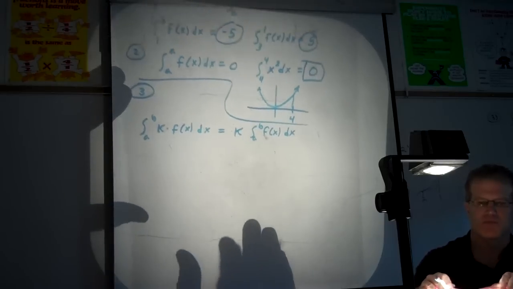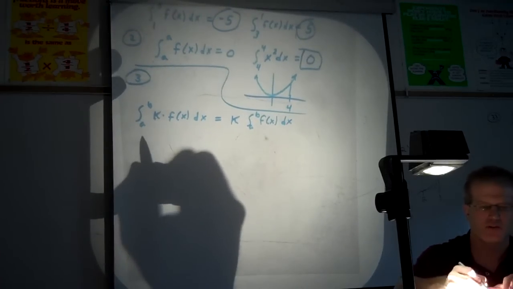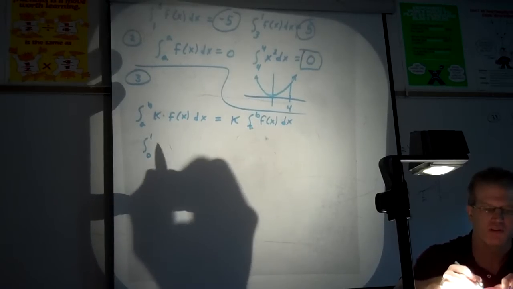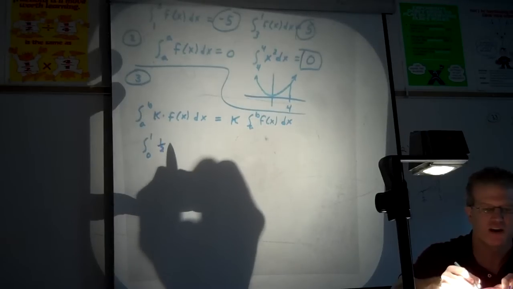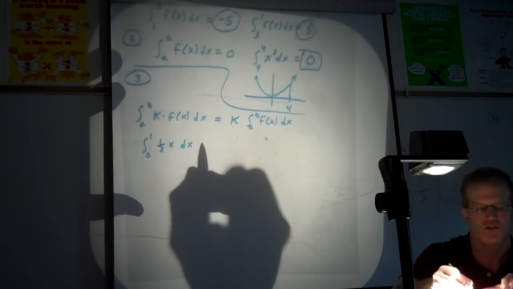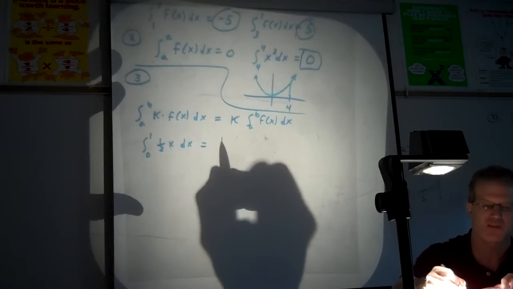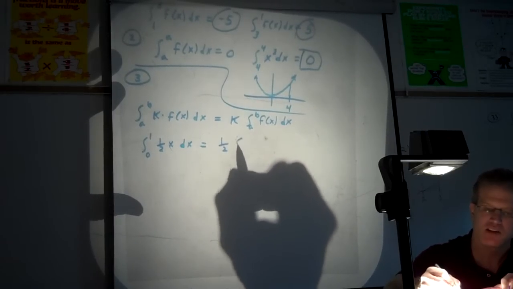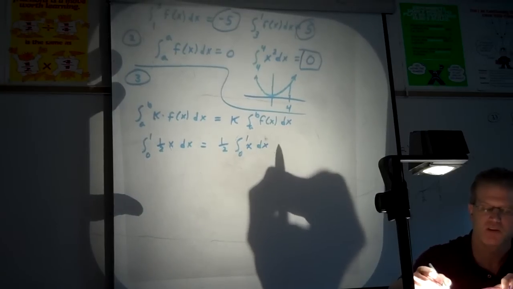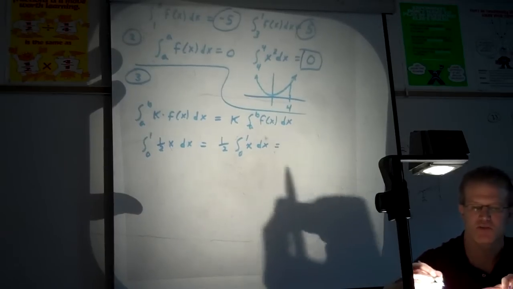So for example, maybe you're trying to take an integral from 0 to 1 of 1/2 x dx. What you could do is move that half out front, then take the integral of x dx from 0 to 1 still.